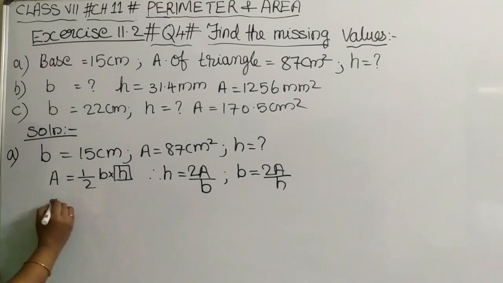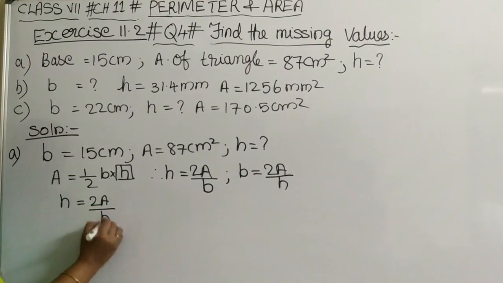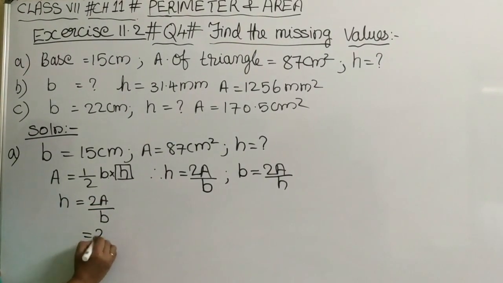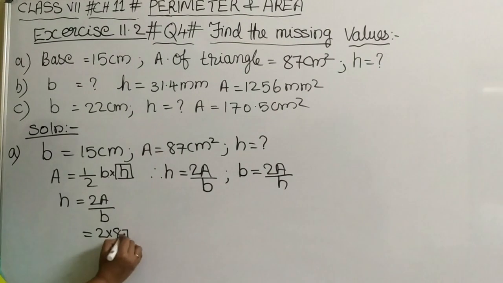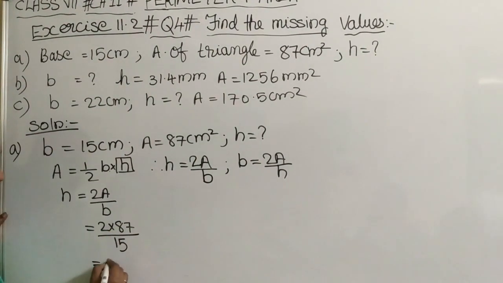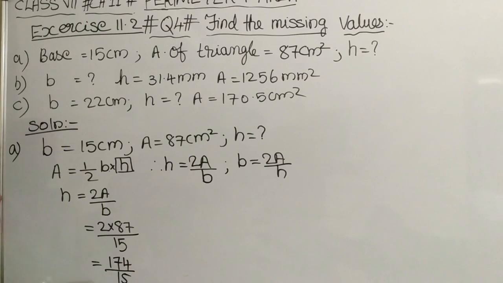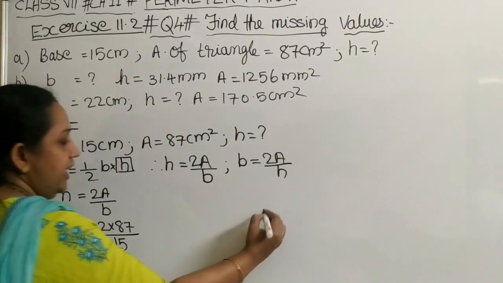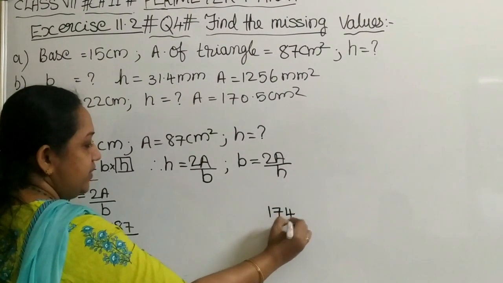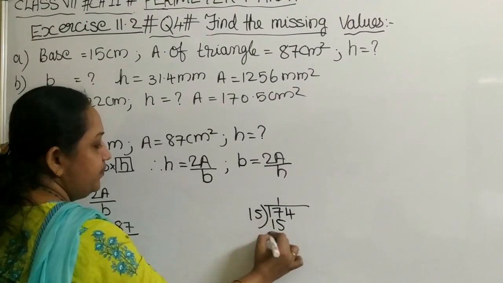So here we want the height. Height equal to 2A divided by base. That is 2 into 87 divided by 15 equal to 174 divided by 15. Now there is no common factor between numerator and denominator, so we can divide by long division method. 15 goes one time.